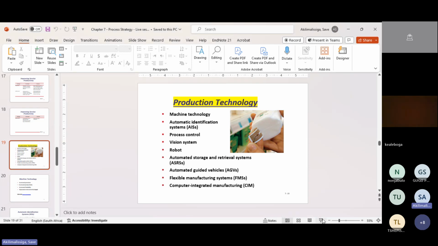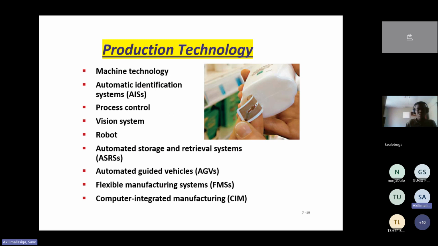All right, so today we're going to talk about machine technology, automatic identification systems, process control, vision system, robot, automated storage and retrieval systems. We also going to talk about automated guided vehicles.